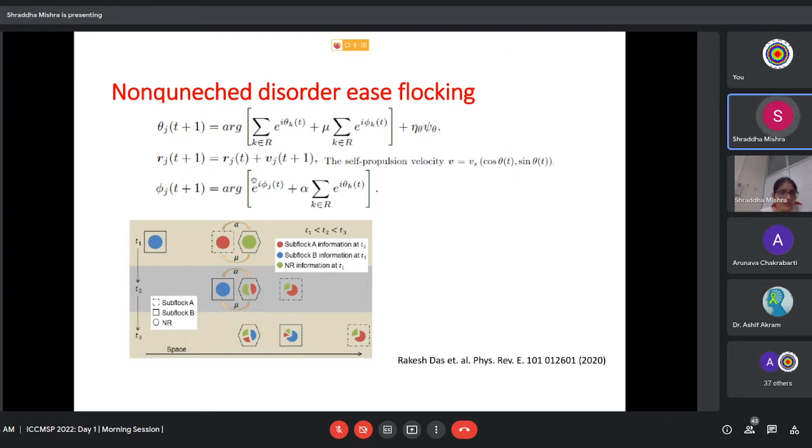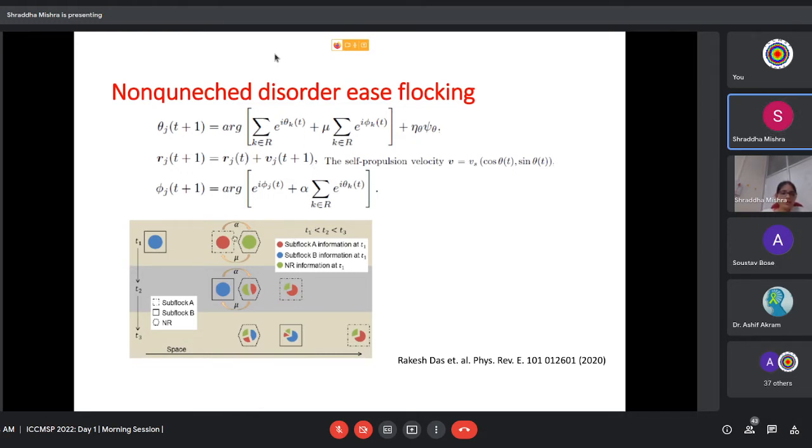First of all, they try to remain in their own orientation pi j, and they can reorient in the passing flock with a strength alpha. So once the flock passes, they have some information of this past crowd due to this coupling strength alpha. If alpha is 0, the model reduces to the previous model. If mu is 0, then the model reduces to the Vicsek model.